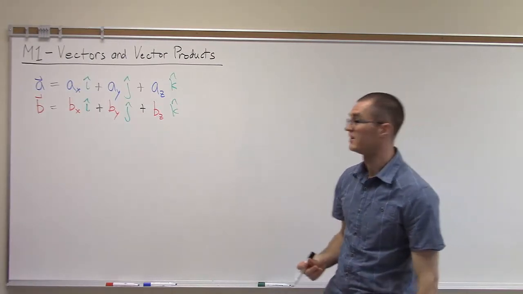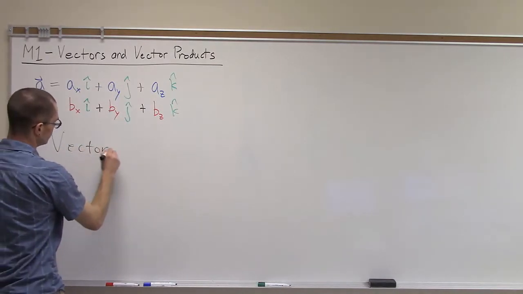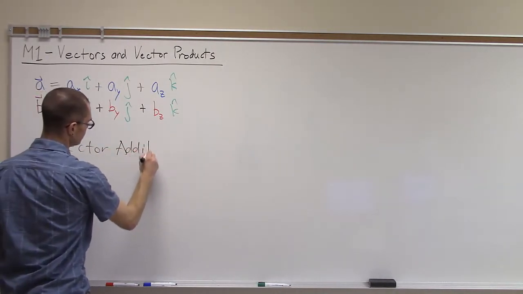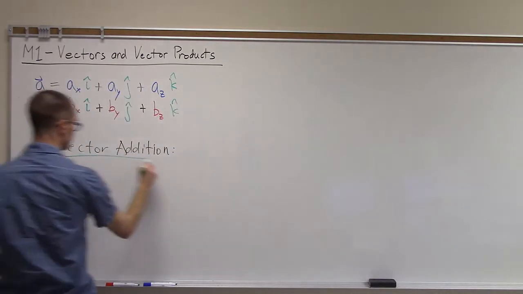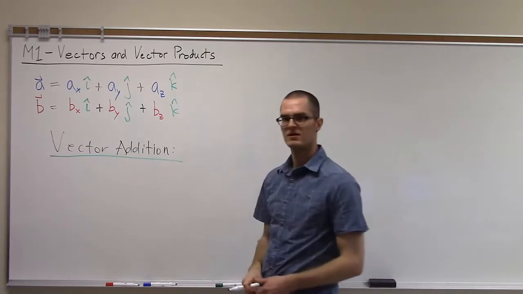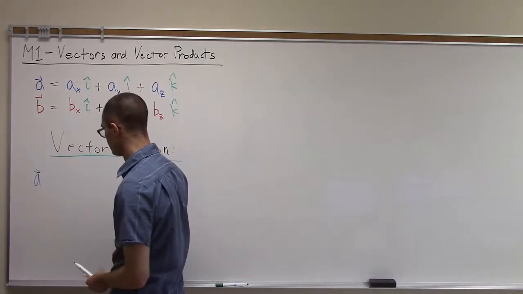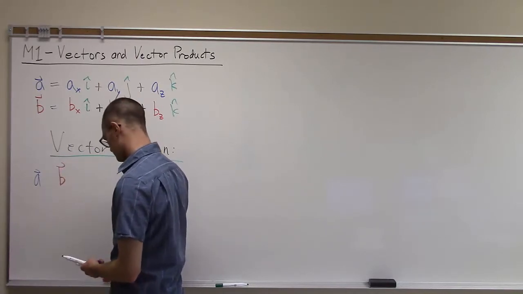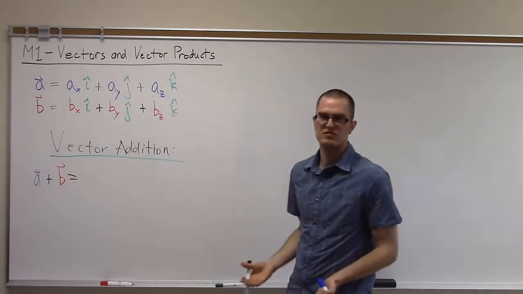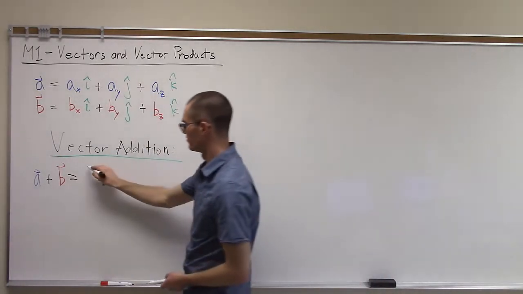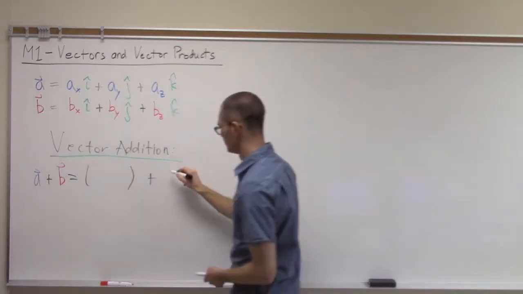If we want to add two vectors, vector addition, we're going to write that as A plus B. And this is pretty simple. It's straightforward, just what you might expect. You're going to add the components of those two vectors.